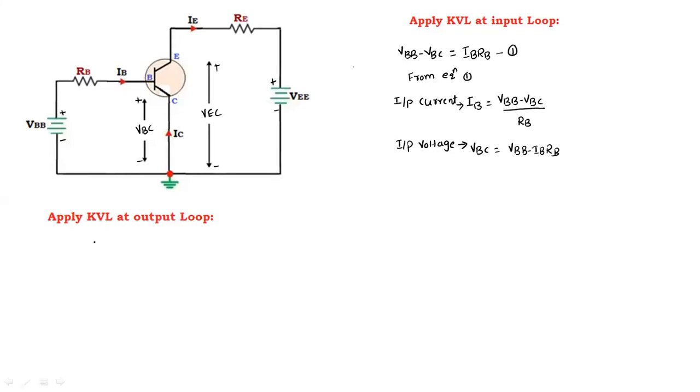As the current is flowing in the clockwise direction, plus 2 minus minus VEE and minus 2 plus plus VEC is equal to the voltage drop, which is IE into RE. Assume that it is equation number 2.